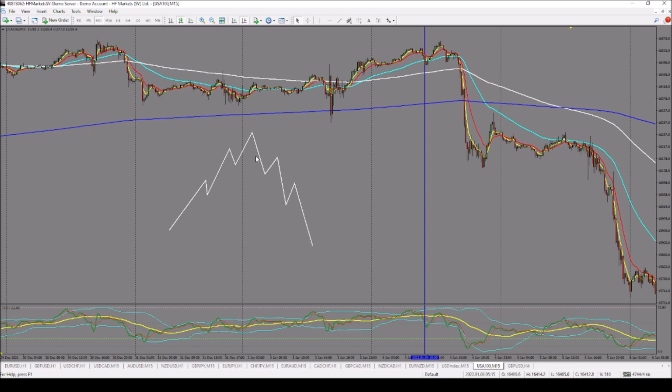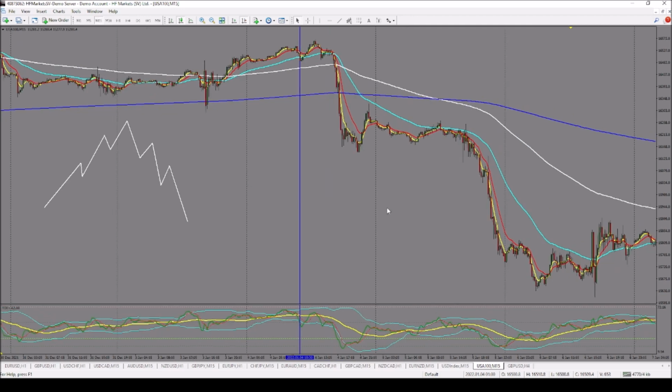In this case, by confirmation, we need a set lower high, a set lower low, and another lower low. So the new lower high is the point where we anticipate to participate within the market, right? So this is the basis of this strategy that we are going to talk about.